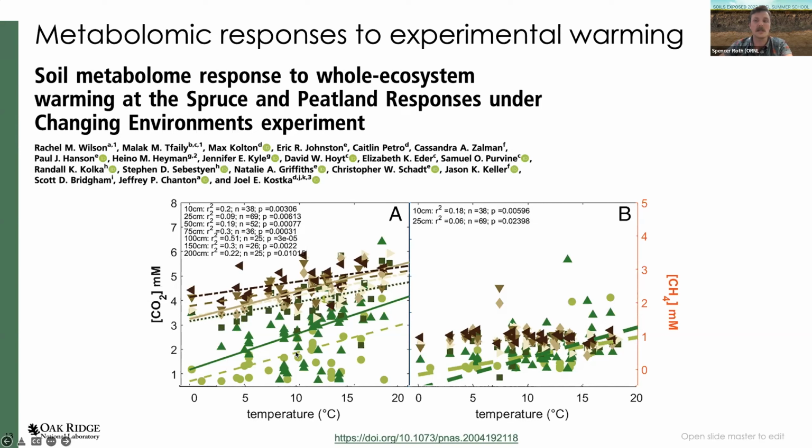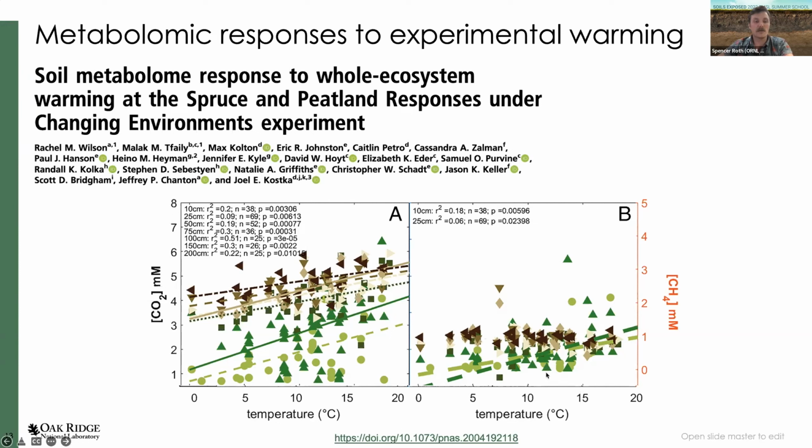The first figure here shows concentrations of pore water CO2 and methane in panels A and B respectively. What you can see is that with experimental warming, temperature across the x-axis, there is a significant increase in pore water CO2 from both the surface depths all the way through the peat profile down to 2 meters deep.